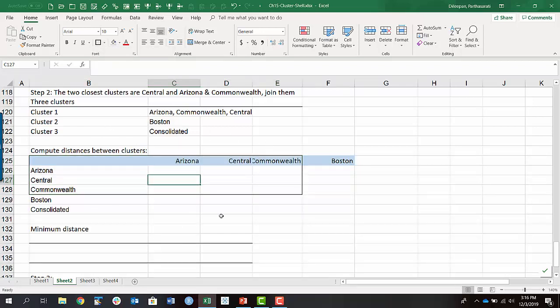That's one cluster. The rest of them are separate clusters, so we don't need to worry about distances within each of these.